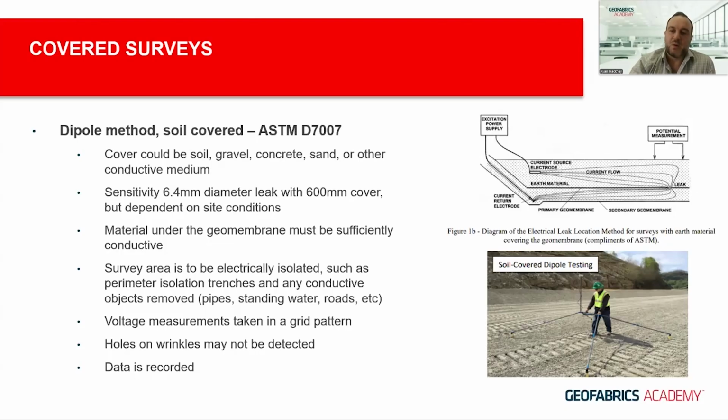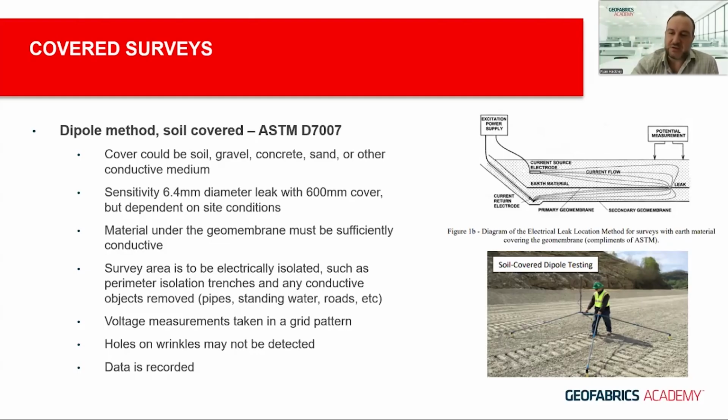So this is once the liner has been installed and any other geosynthetics are placed above that. There would then maybe be drainage aggregate in the situation of a landfill cell, or if it's a cap or another type of project.